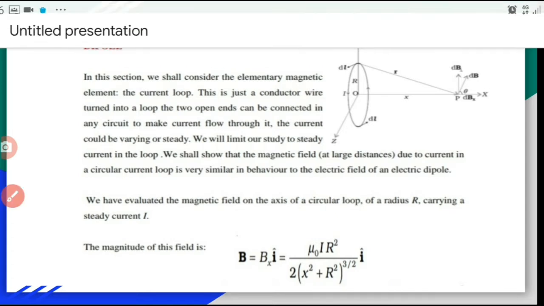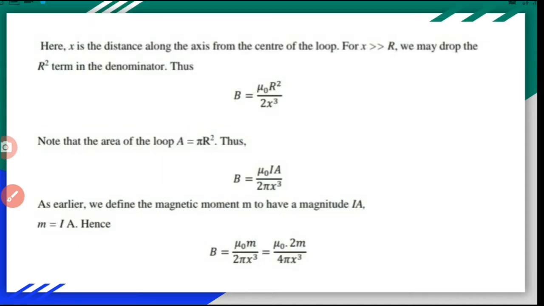So our equation reduces to the magnitude B = mu 0 I r square divided by 2x cube. So in this equation, we don't have that r square term in the denominator. This equation gives the magnetic field due to a circular loop at a long distance from the center of the loop. This is the magnitude, and direction as usual is given by the right hand thumb rule.